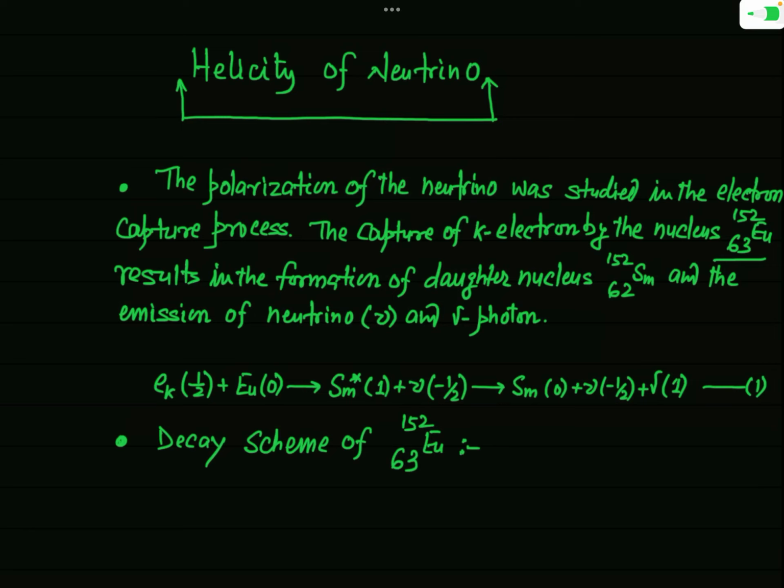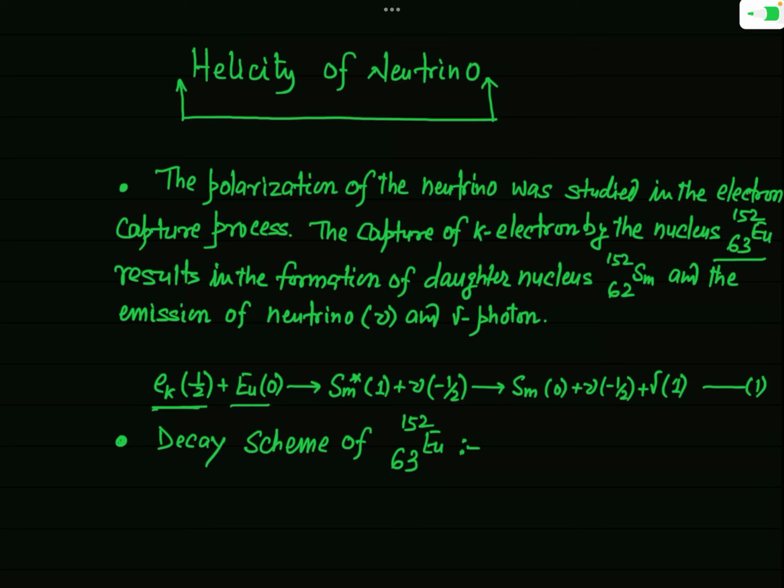So first of all, we will see how this electron capture process takes place in this particular nucleus, 63 Eu 152. I have shown here this e K, half. This represents the electron of the K shell which will be captured by the nucleus Eu. Inside this bracket I have mentioned the state of spin.